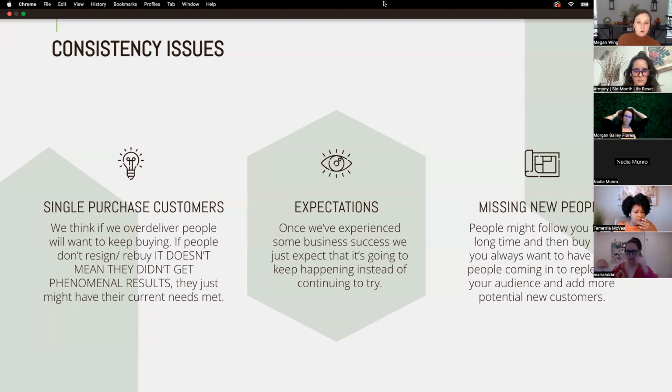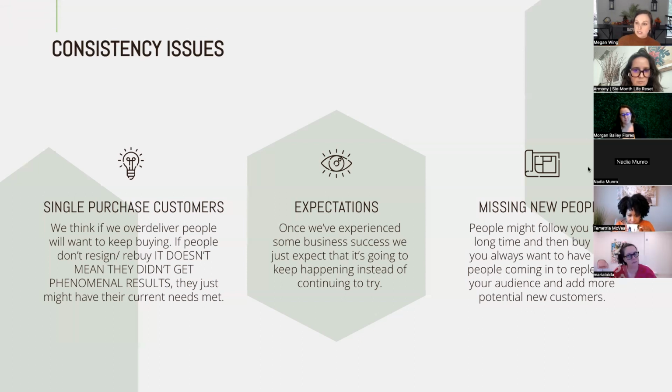So we want to keep working towards building our business and keep bringing more people in, always. There are so many circumstances outside of our control. So we want to keep consistently bringing people into our business so that we can consistently have good business coming in.